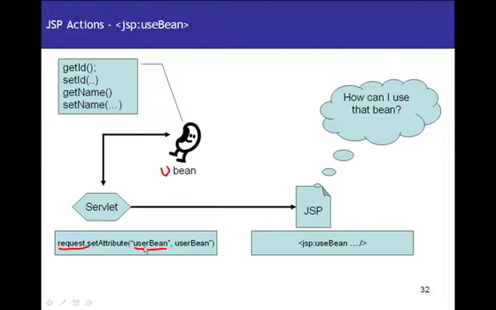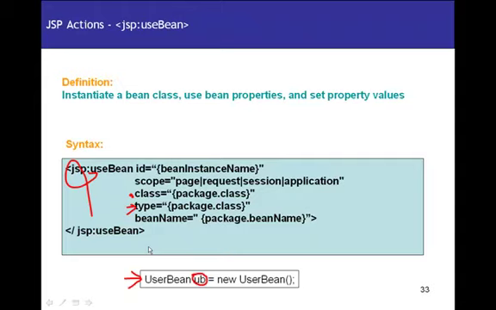So in this particular example, it's going to search the request scope to see if you have set any attribute with the userBean name. But again, if it hasn't found any attribute set with this name in the given scope, it's simply going to create a new bean with that name for you, right?